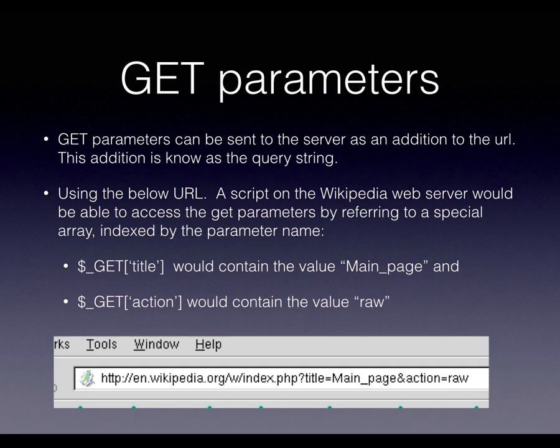When you're browsing the internet, you might have seen a URL that looks something like this. It'll have the address of the website, and then it will have extra stuff on the end that looks like a bunch of values. And that's exactly what they are. They're a bunch of values that in this case are being sent along with the request for a particular web page to the web server.